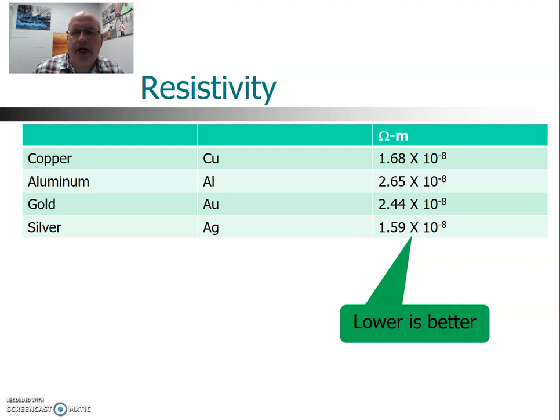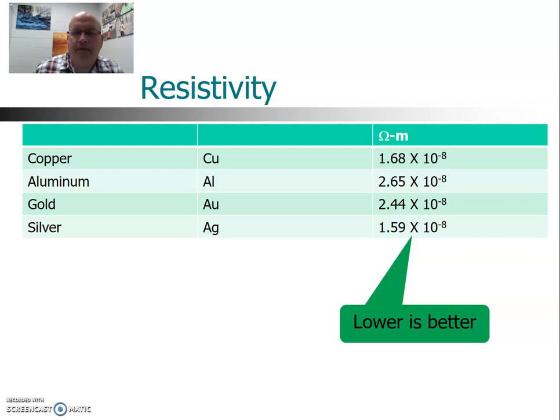So you can see copper is 1.68 times 10 to the minus 8 ohm meter, and aluminum is 2.65 times 10 to the minus 8 ohm meter. Gold is 2.44 and silver 1.59. So the lowest one there is silver, which is probably a surprise to most people.